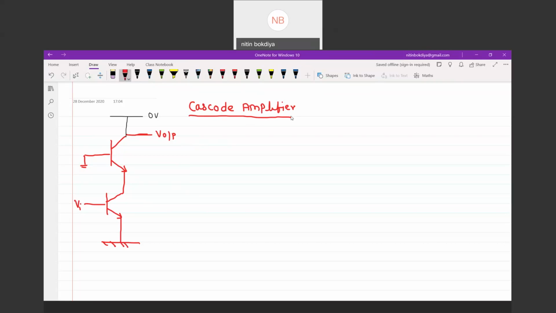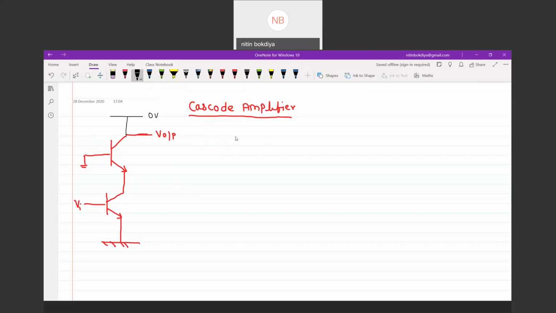So let's draw the small signal model for the cascode amplifier and see how it will work. Let's draw the hybrid pi model to analyze this. What is our intention?